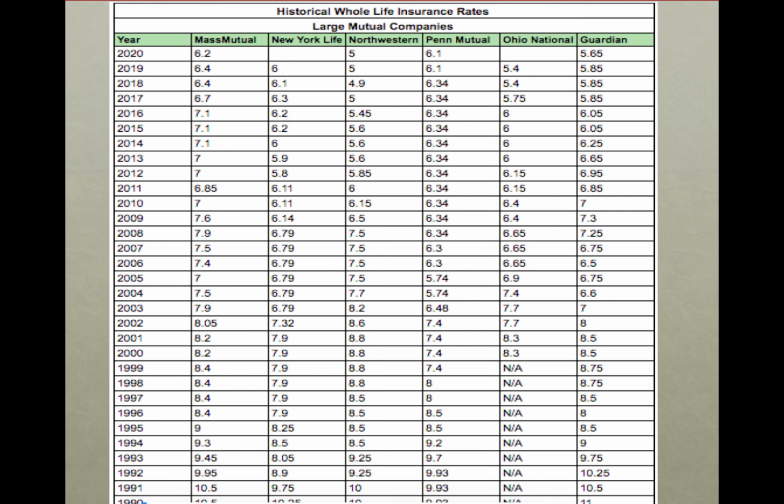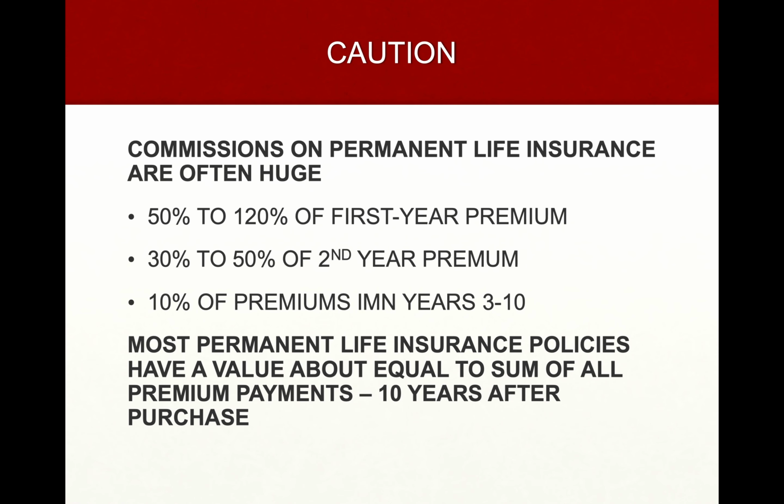So as a result of these very low interest rates that we've seen over the last 10 years and continuing into today and the future, we're actually going to see dividends continue to go down in life insurance companies in all likelihood. They did go up a little bit here from 4.9% to 5%, but the general trend is continuing downward. That's been the case for almost all the insurance companies there.